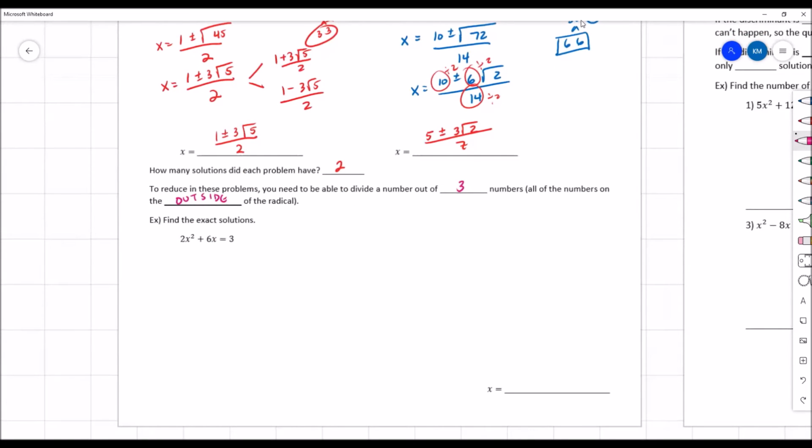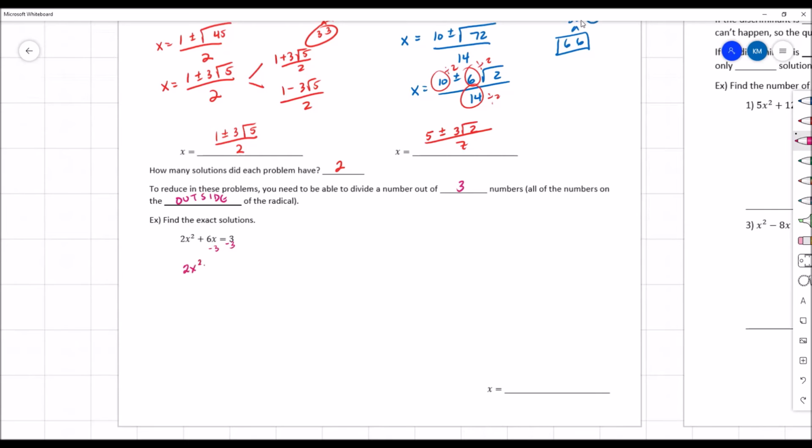All right, let's look at this last problem. It says, find the exact solutions of 2x squared plus 6x equals 3. Try this out. Before we start, we should definitely make this equal 0.